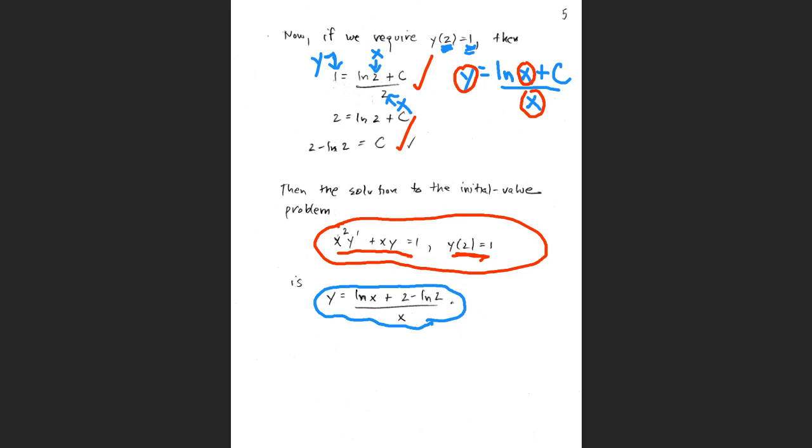This assumes it's a well-behaved differential equation. You'll learn more about that in Math 282. But generally, for well-behaved differential equations, each initial condition corresponds to a different unique solution.